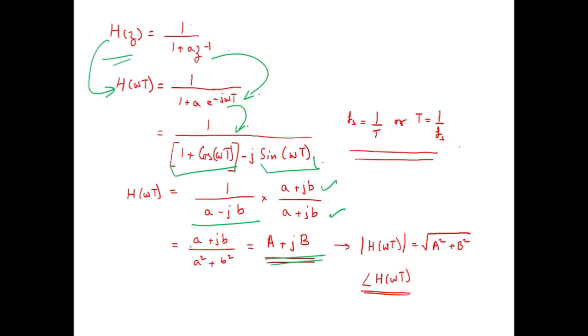This format you can get because this one would become a square plus b square in the denominator, right? So from here you can get a by a square plus b square plus j of b by a square plus b square. So you get a real and an imaginary component, and from there, if you try to find out the amplitude response, it is just basically the square root of a square plus b square.